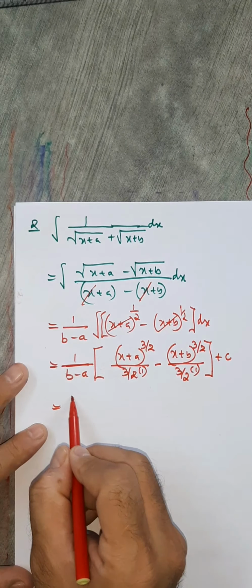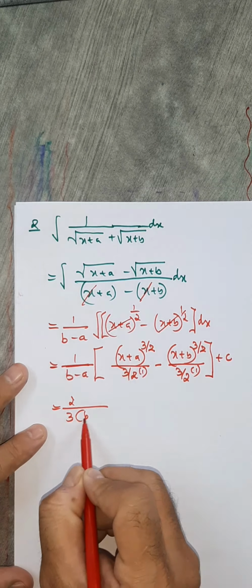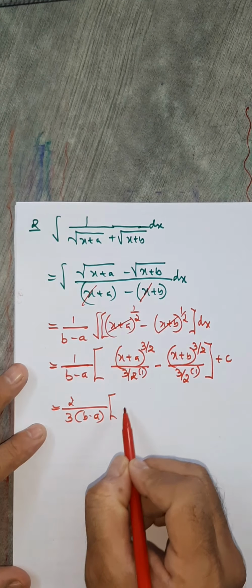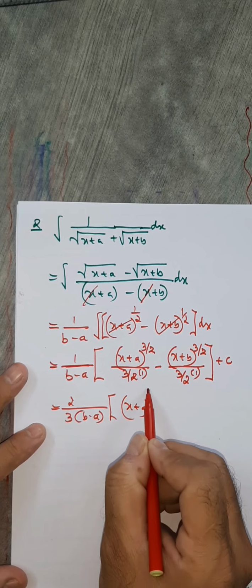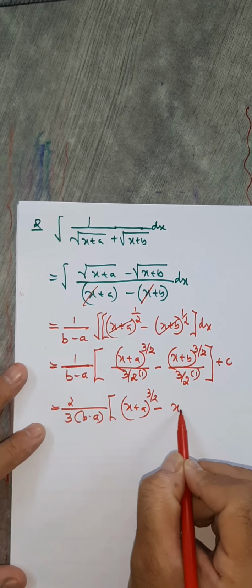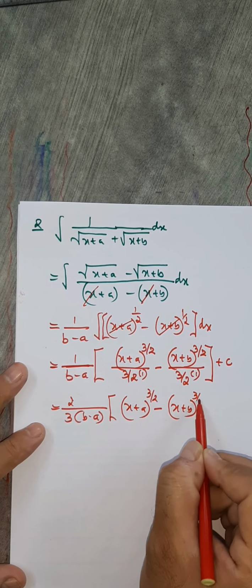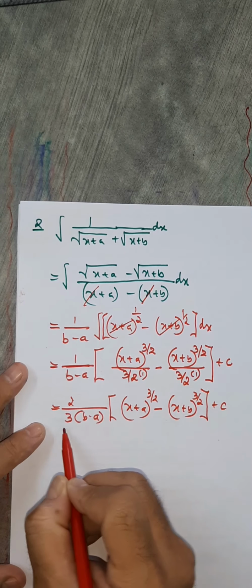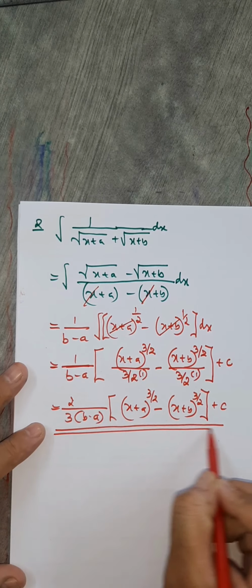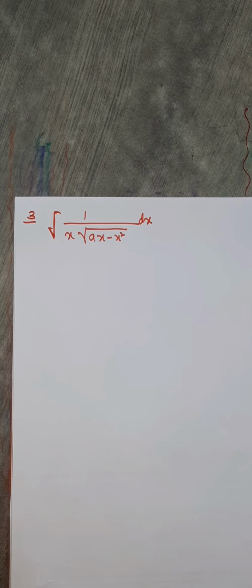You can take 2 by 3 outside here. 2 by 3 b minus a, here this is x plus a raised to 3 by 2 minus x plus b raised to 3 by 2 plus c. This is the required integral. Question number 3.